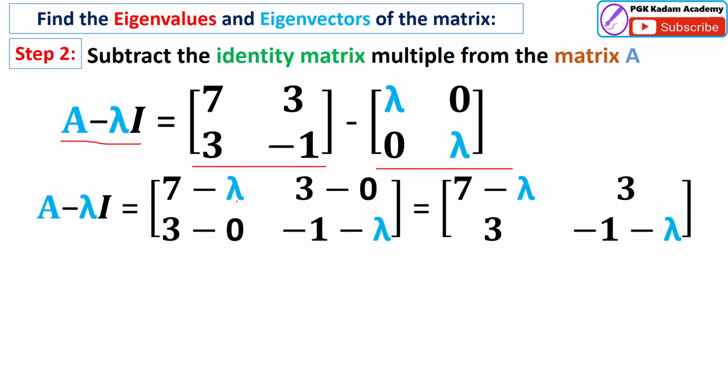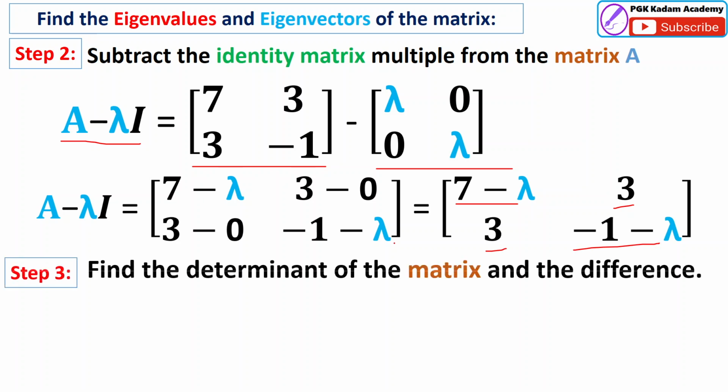So 7 minus lambda, 3 minus 0, 3 minus 0, minus 1 minus lambda. After rewriting, the matrix is: 7 minus lambda, 3, 3, minus 1 minus lambda. So friends, this is step 2.